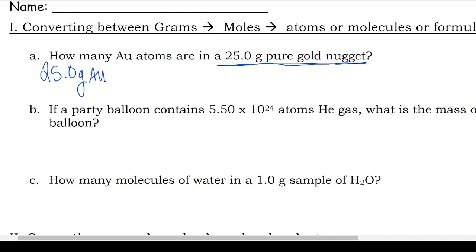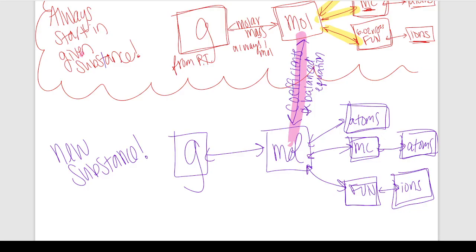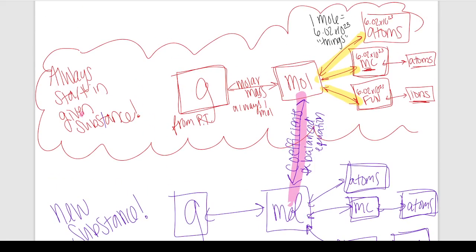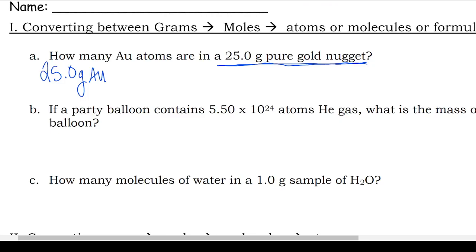So if I look at my mole map, I'm starting right here in grams of my given substance. Then I look at what I'm looking for. It says how many Au atoms.